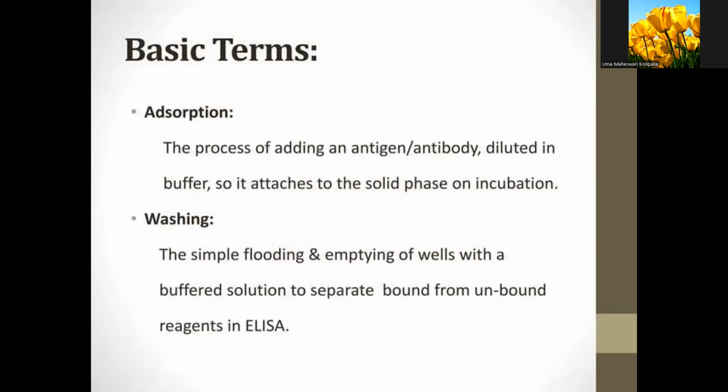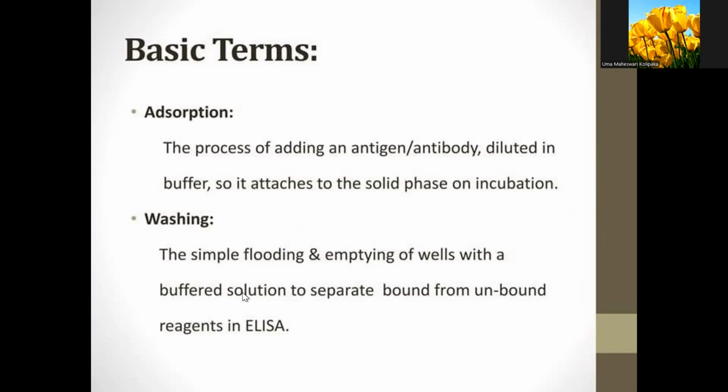Adsorption, the process of adding an antigen or antibody diluted in buffer so it attaches to the solid phase on incubation. Adsorption is nothing but attaching the antigen or antibody in a diluted buffer so that it is getting attached to the solid phase or solid plate.